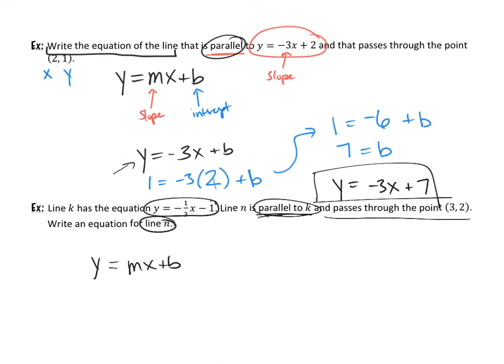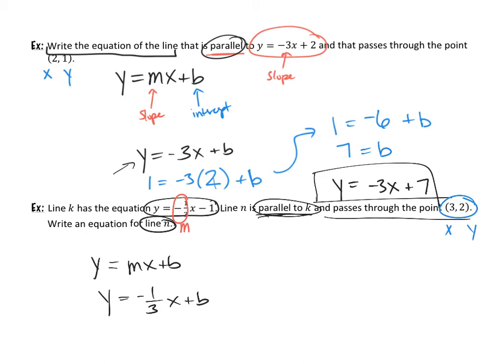Okay, parallel means I'm going to find the same slope, so that is my m, and I have a point that line n goes through, so I will then plug in that x and that y. So I know that y equals -1/3, and then x plus b.